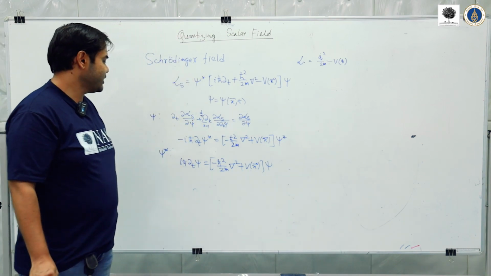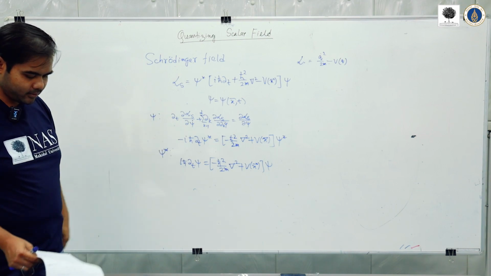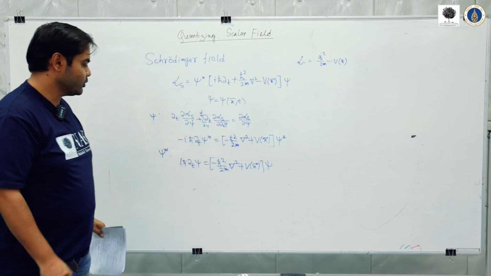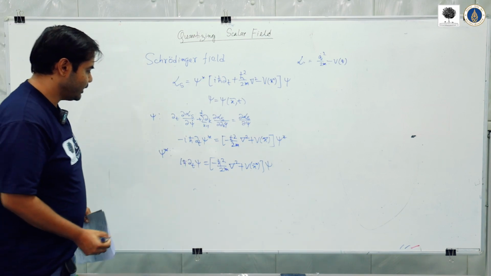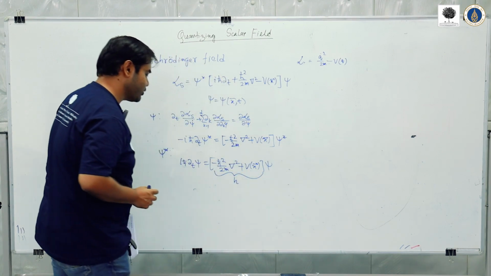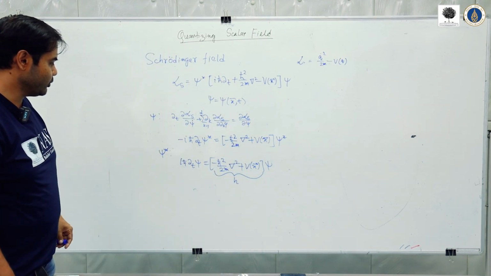So, we have a Lagrangian and we have an equation of motion, but this is not quantized yet. In some sense it is still classical. To quantize it, let us consider this operator to be small h.